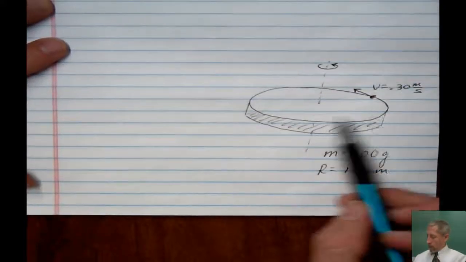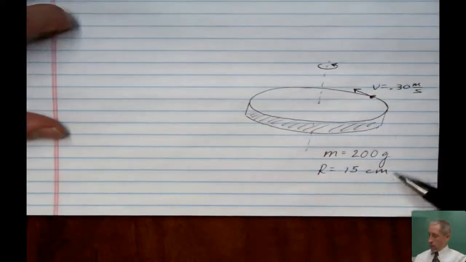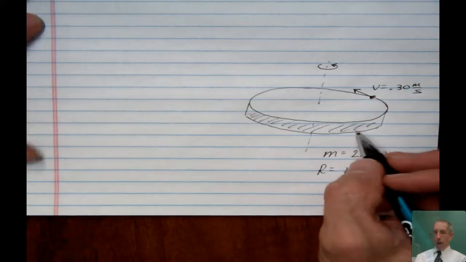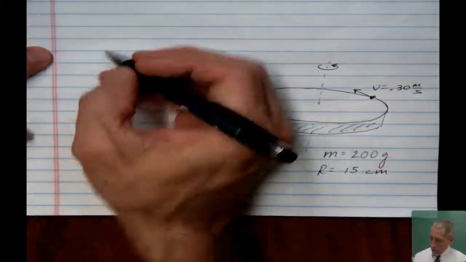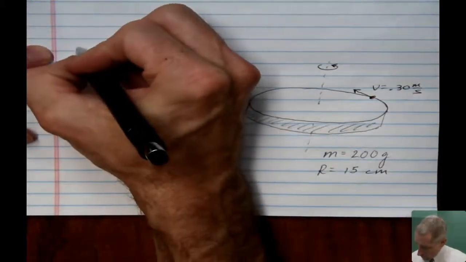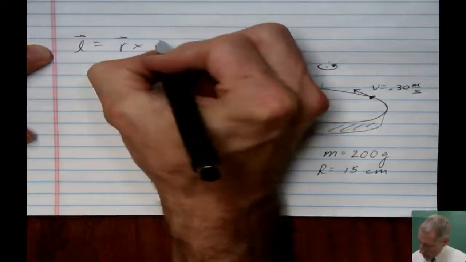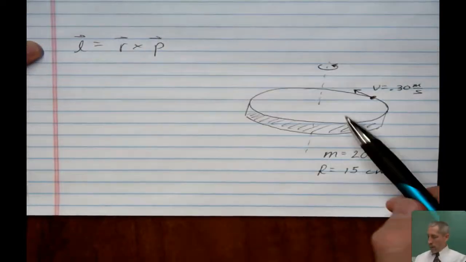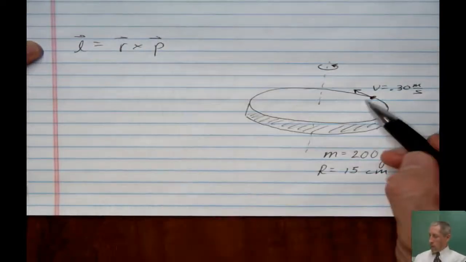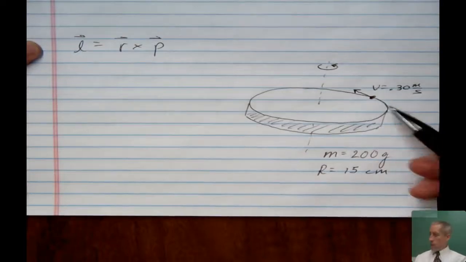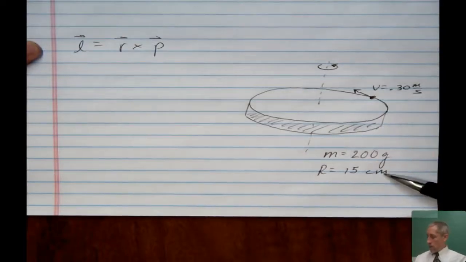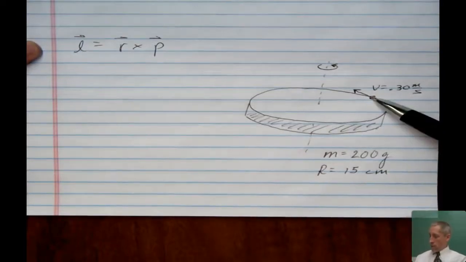Notice it's also 15 centimeters in radius, that would be here. How would we deal with that? Again, if we think of this as L equals r cross p, the problem is, how would we describe the momentum of one little object? I mean, this is just a small little piece of the 200 grams that's moving with this speed.